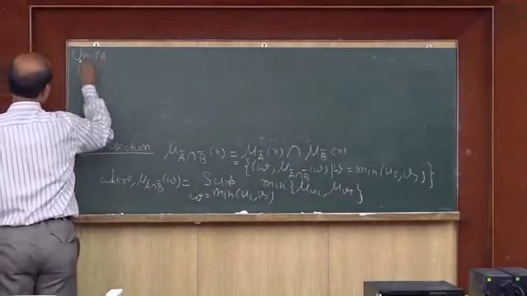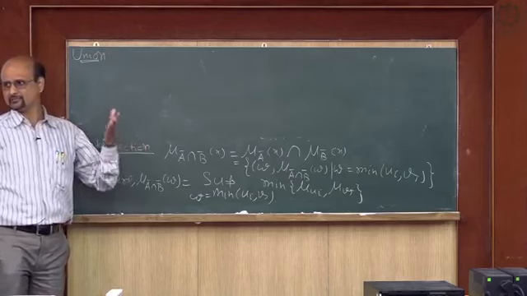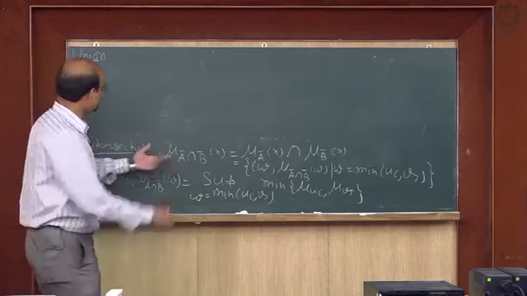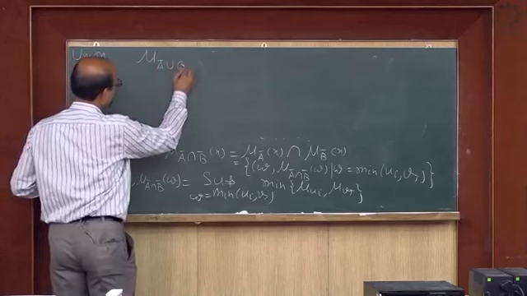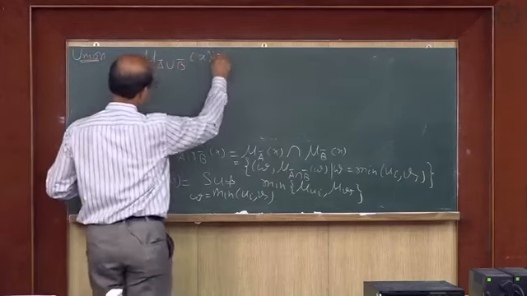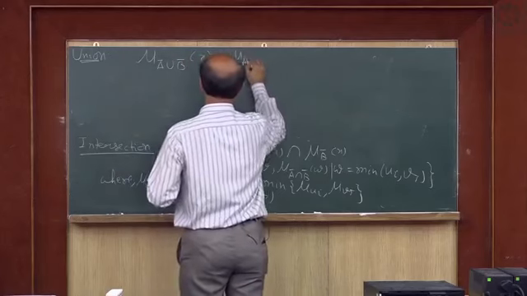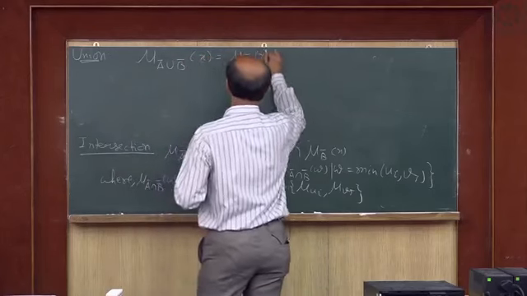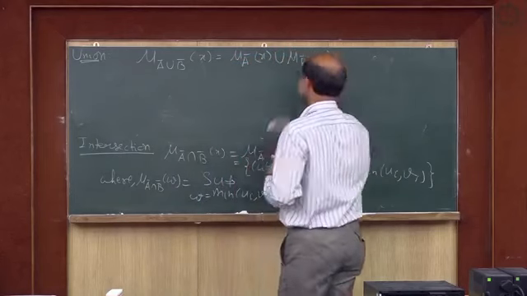Union of two type 2 fuzzy sets, again A bar and B bar. Similarly, I will write mu A bar union B bar of x is equal to mu A bar x union mu B bar x.